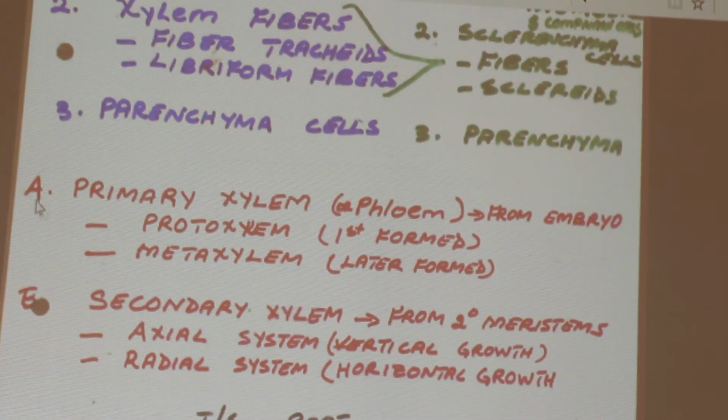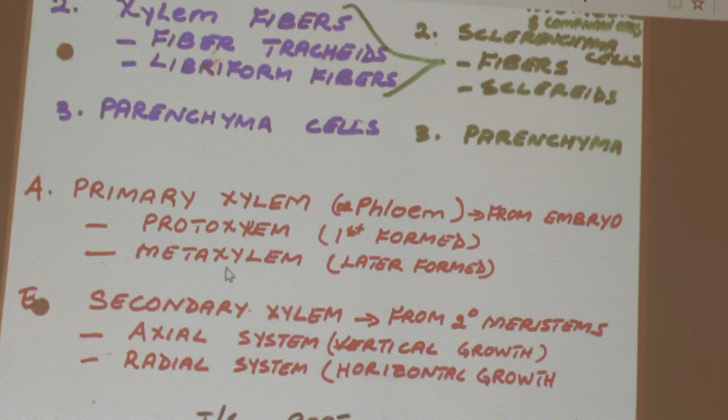I've already told you that primary xylem is the xylem from the embryo, so is primary phloem. Protoxylem is the first formed one, metaxylem is the later formed one. Please note that in phloem, you seldom have protophloem and metaphloem existing together, because the cells of phloem are soft cells.